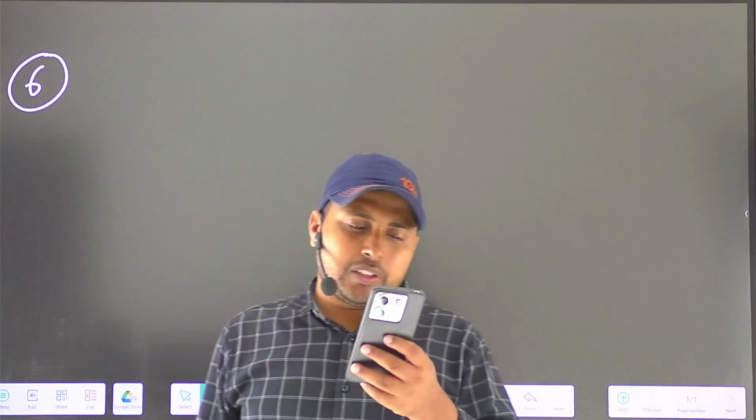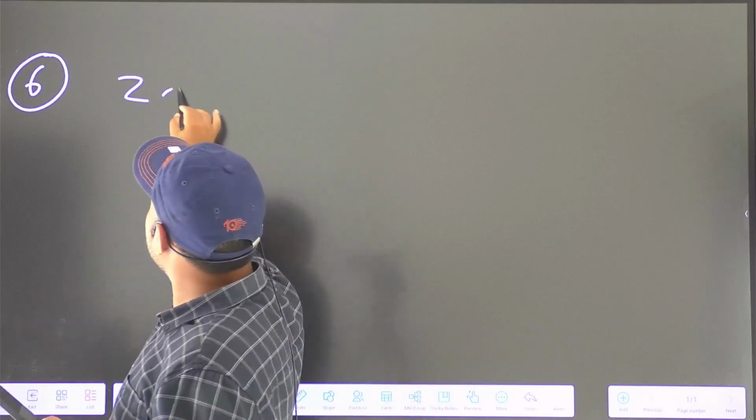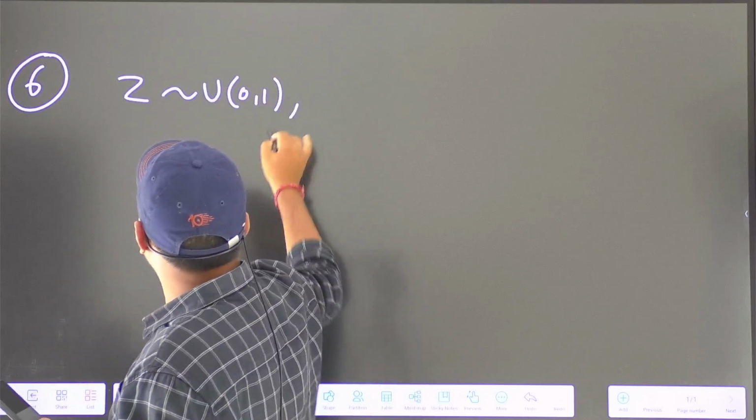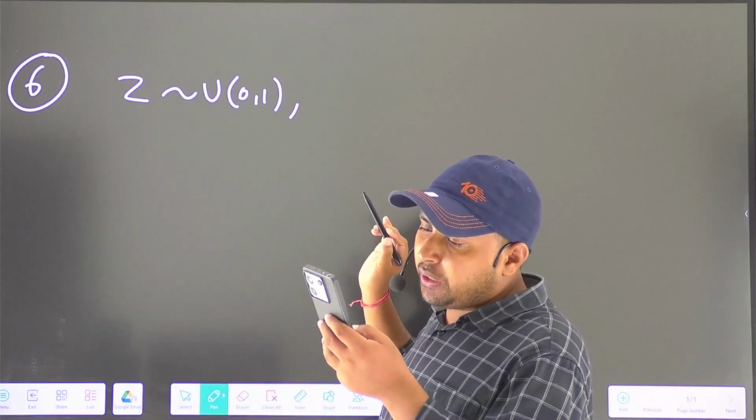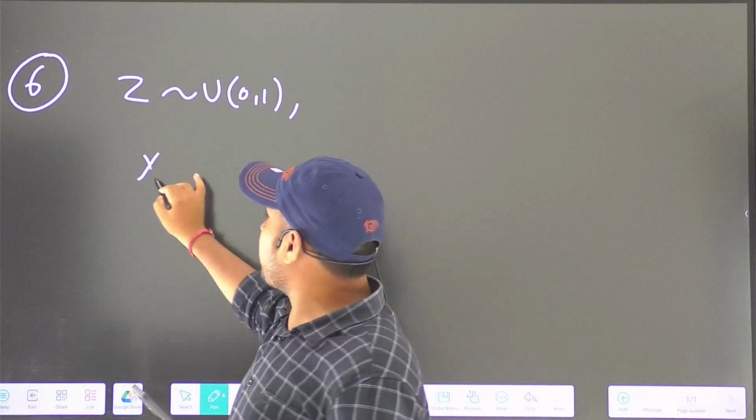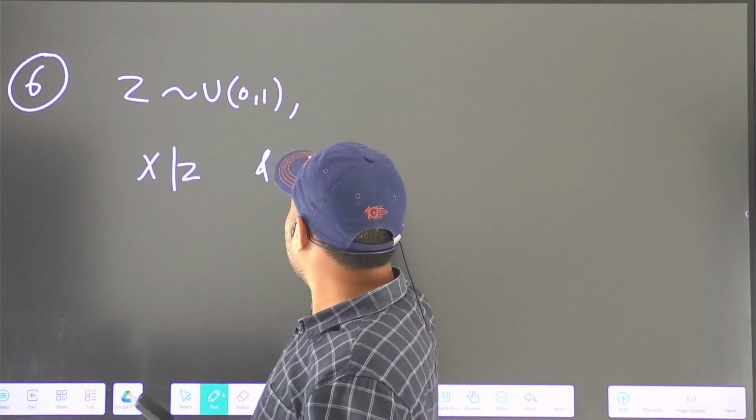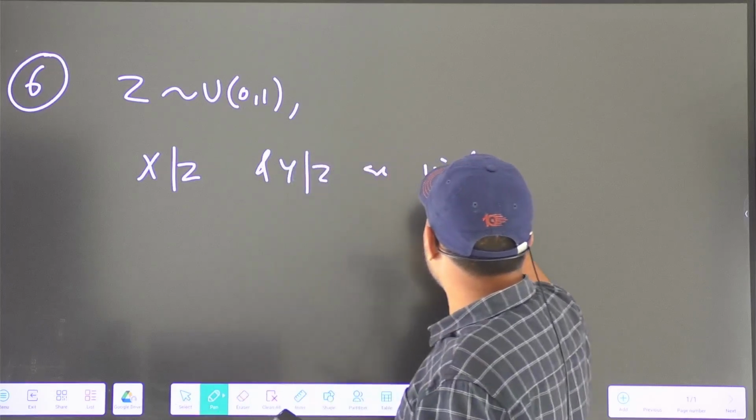The sixth question is: consider three random variables X, Y, Z, where Z is uniform (0, 1), and for any given value of Z, the other two random variables X, Y are independent. So they want to say X given Z and Y given Z are independent.